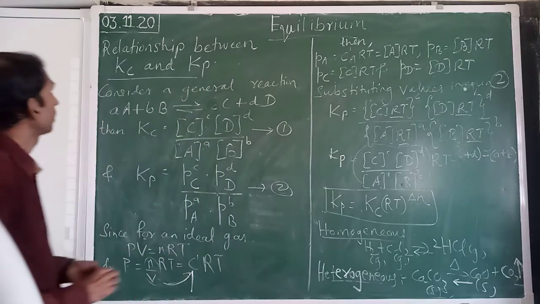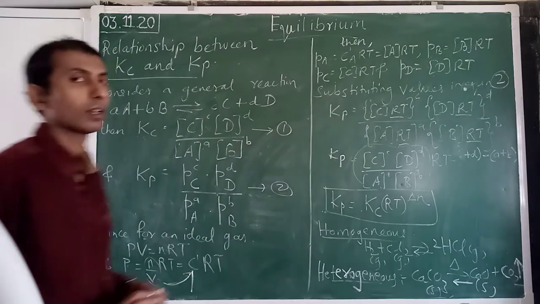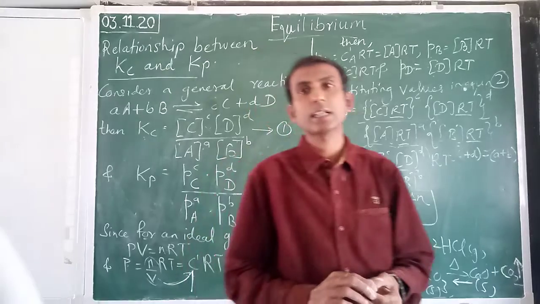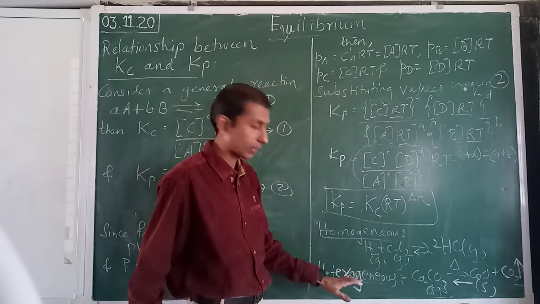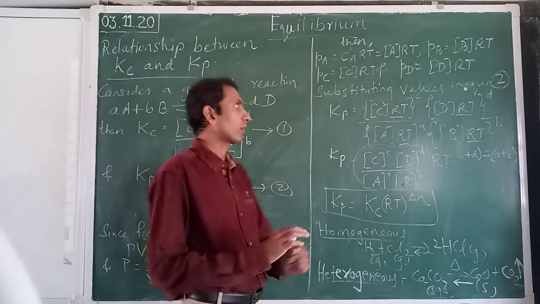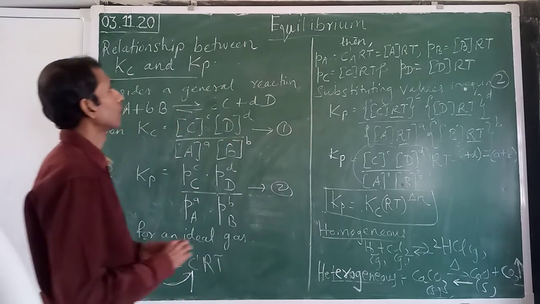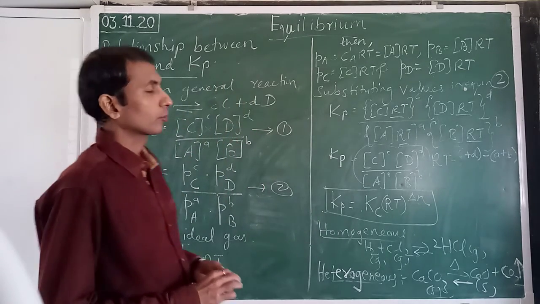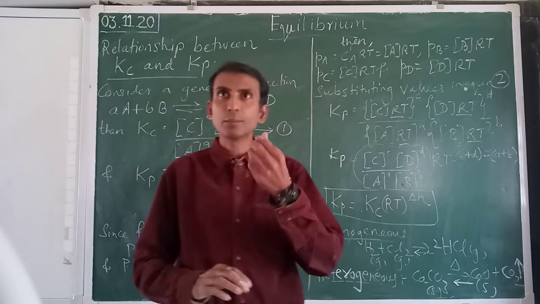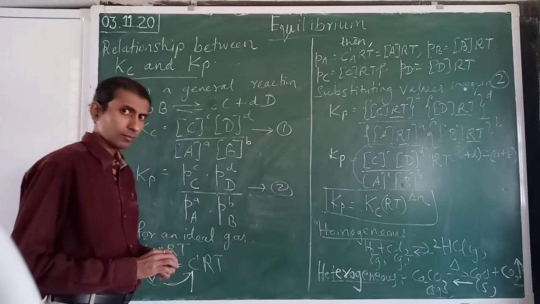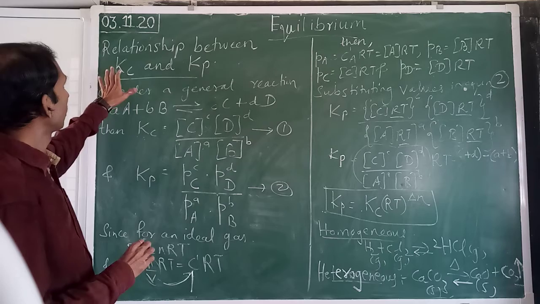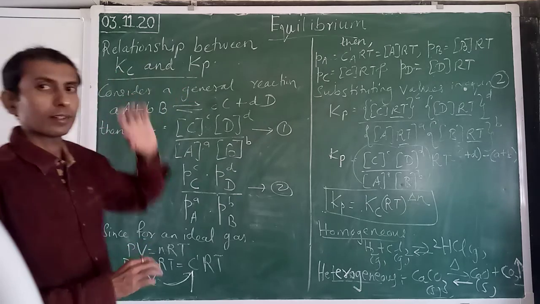So today we have completed the relation between Kc and Kp, and we have seen two types of equilibrium, homogeneous and heterogeneous, with examples. As I told you, we have very simple numericals based on the concept of Kc and Kp.